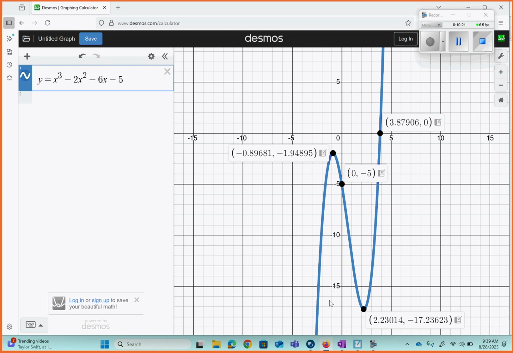If I asked you for the local min, you give me the point, and then if it says what is the local minimum value, you're going to give me the y value, so negative 17.2 rounded to one decimal place. Okay, very straightforward, very easy.